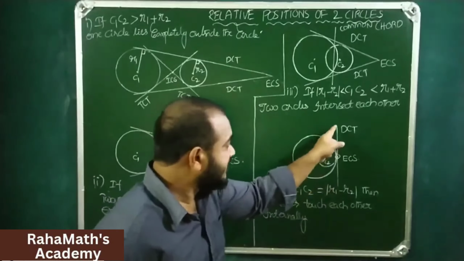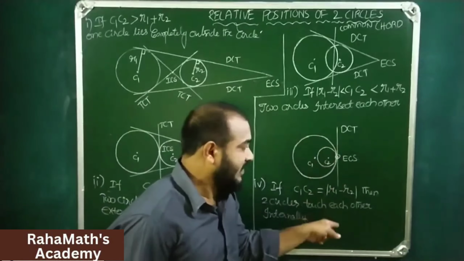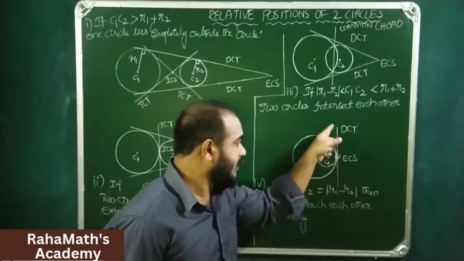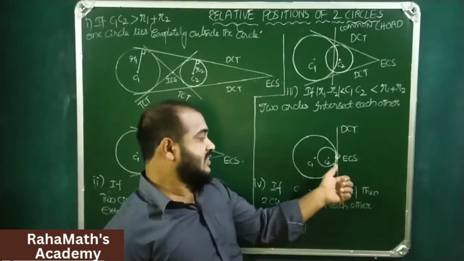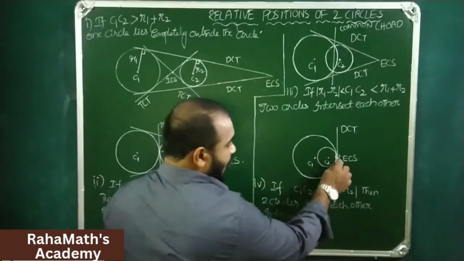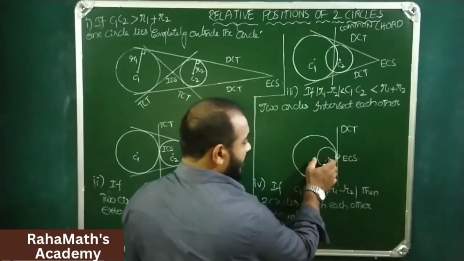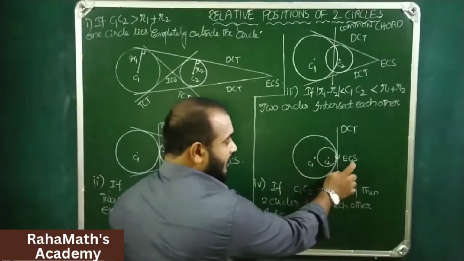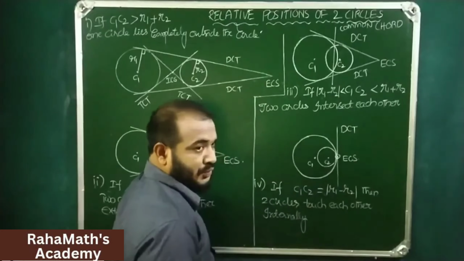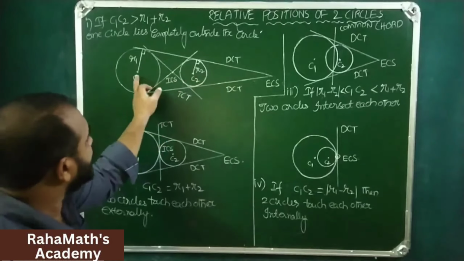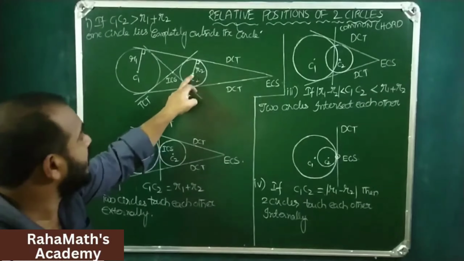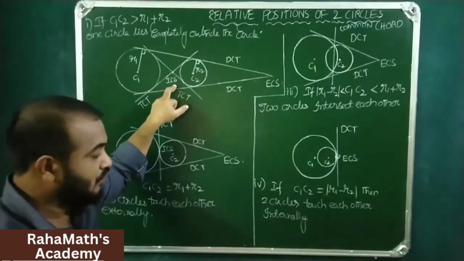So this is the direct common tangent, and since this point lies outside the line joining C1 and C2, it is said to be the external center of similitude. If the point lies inside the line joining C1 and C2, it is called the internal center of similitude.